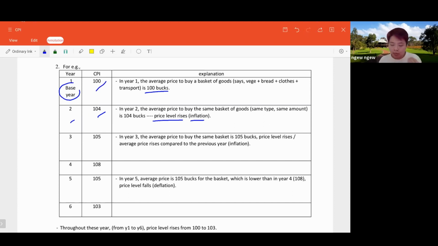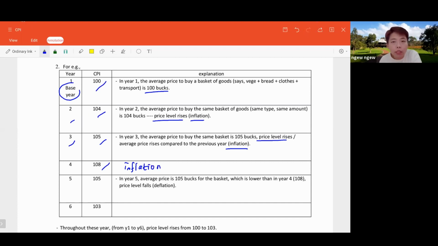Then in year three, the basket now costs you 105. Your cost of living rises, meaning general prices rise and are higher than the previous year, so we are experiencing inflation again. The following year, you see 108, meaning it is more expensive. Again, it is inflation.